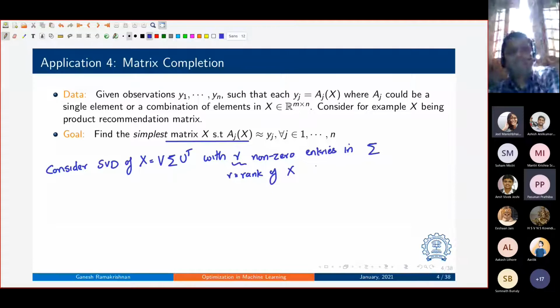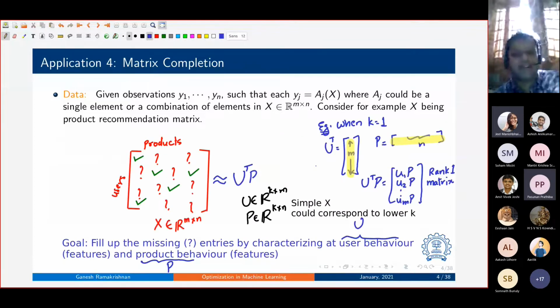Now, if I'm interested in the simplest matrix, I would be interested in a K value which equals R, or I might even try and simplify it, because I'm not necessarily trying to recover the original matrix which gives me all the Yj's.